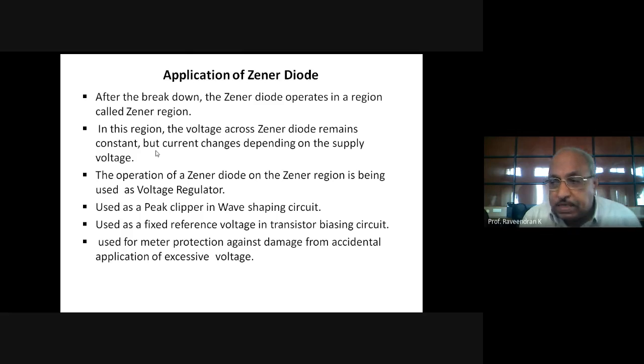For analog and digital instruments, protection of the meter itself is done with the help of a regulation mechanism. In that mechanism, a Zener diode is used as the voltage regulator to give voltage to the instrument. So it can be used as a meter protection unit against accidental damage of an instrument.